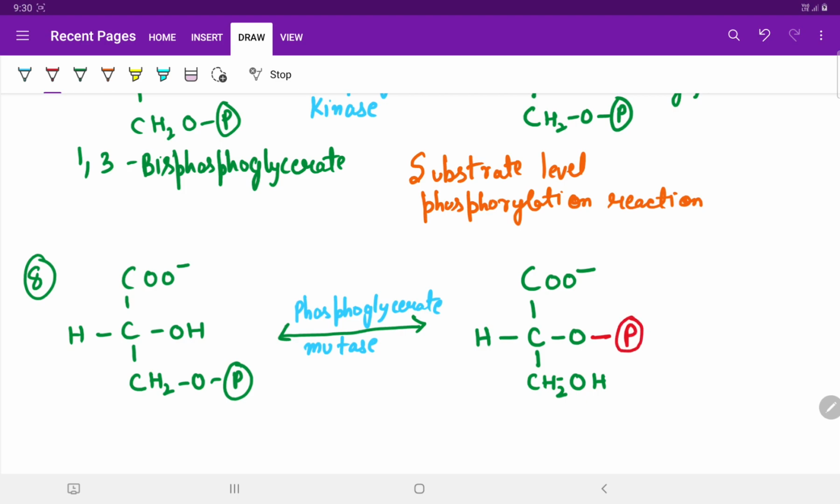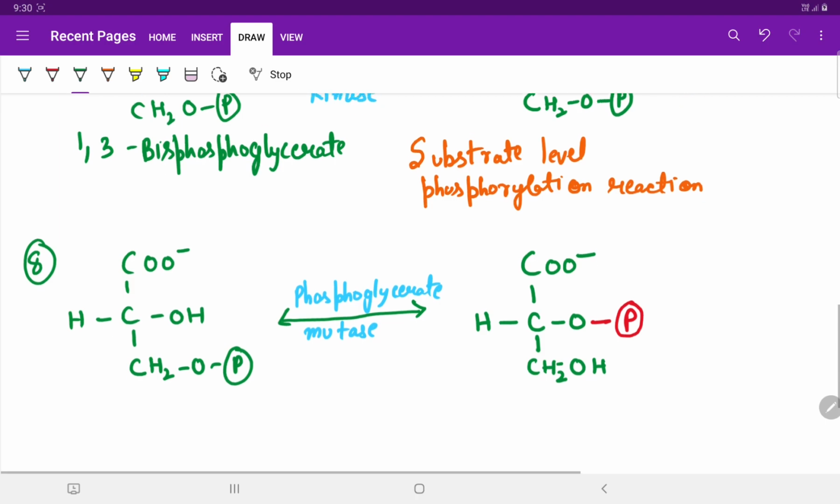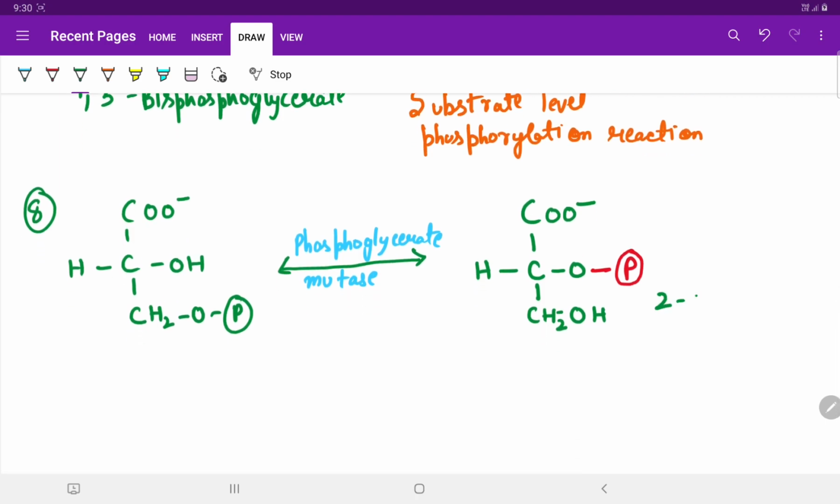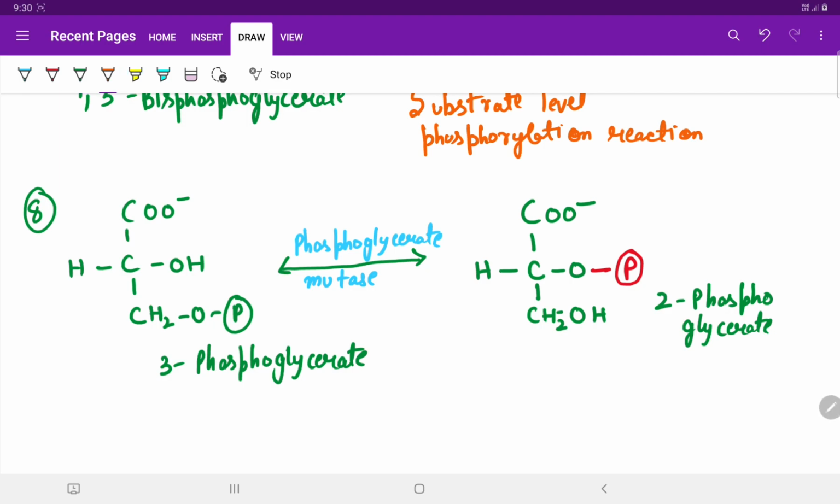You can see this is the structure for 2-phosphoglycerate, formed from 3-phosphoglycerate. This is also a reversible reaction, and moreover it is considered an isomerization reaction, formation of isomers.